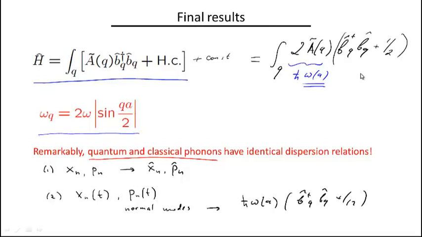The last thing I'm going to mention is the appearance of such terms, which we're not going to discuss at all. If we had these quartic terms, b dagger b dagger b b, for instance, they would have meant that the phonons interact with one another. In some sense, it would have corresponded to scattering of waves off each other, waves running through the crystal.